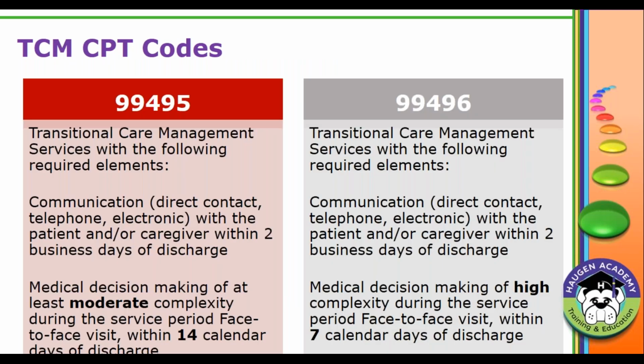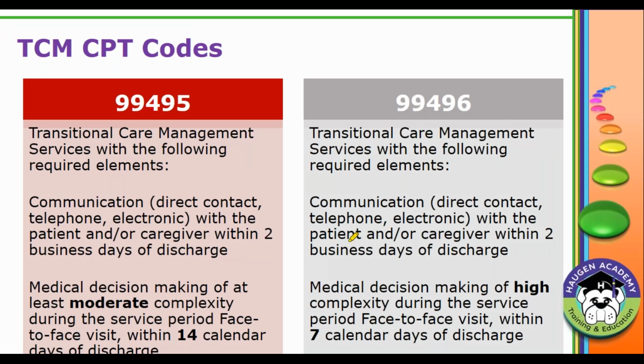Here's the code description. So we have 99495 and 99496, and these are in your E&M section of your CPT book. You'll see them labeled under care management services, and it's going to be transitional care management services. They look the same, the codes do, except there are a couple of key differences, so I will highlight those.